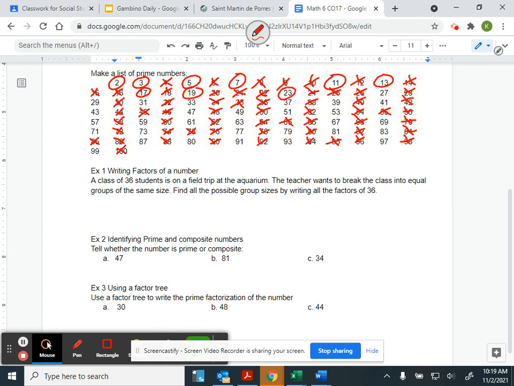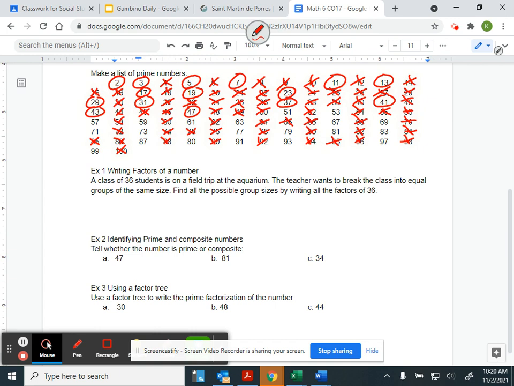What about 27? 3 times 9 is 27, so it's not a prime. 29 is a prime. 31 is a prime. 33. 3 times 11 is 33. 37 is prime. 3 times 13 is 39. 41 is a prime. 43 is a prime. 47 is a prime. 49 is 7 times 7.